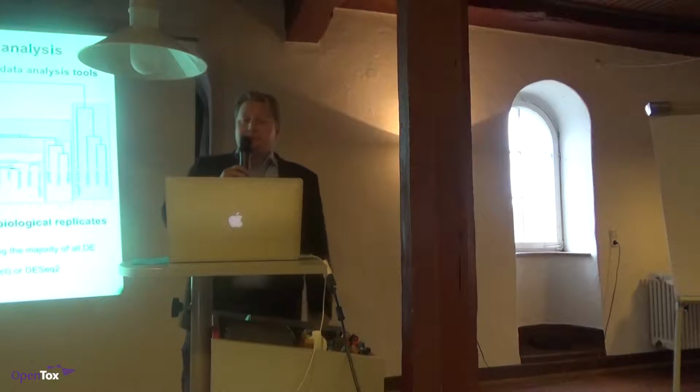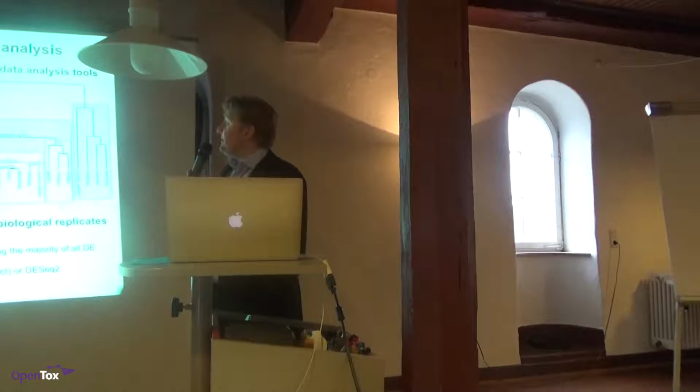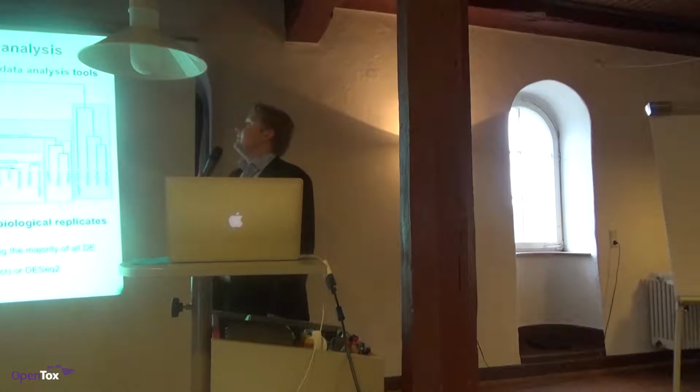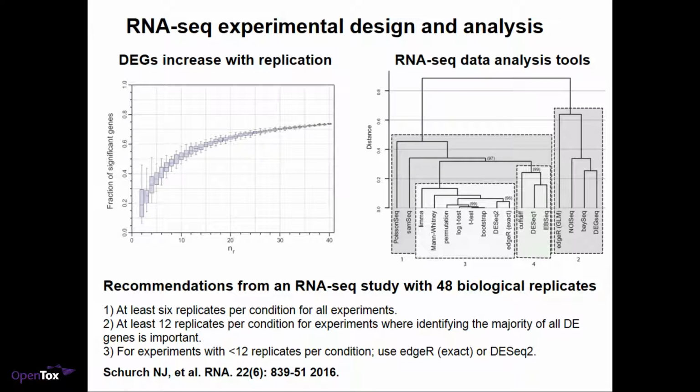So this is then exemplified. Another way to deal with the issues with bioinformatics data analysis is to do more biological replicates, and this is a very important question for experimentalists, because obviously doing biological replicates is very expensive, and the picture is a little bit bleak in that sense.